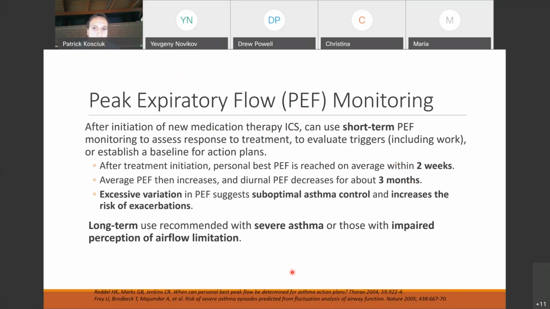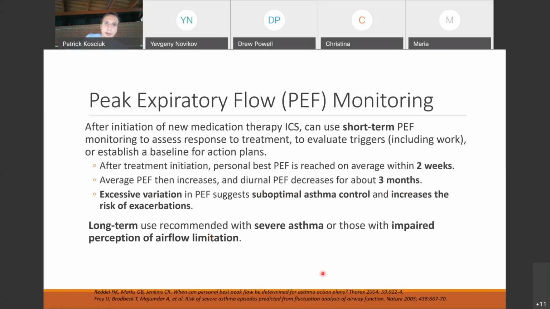As you continue to follow them, once you treat them, you'll start to see a reduction in their AM reduced flows. Remember, asthma is a very nocturnal and early morning disease as well, so you'll start seeing better control of their early morning disease within the next 3 months, essentially.